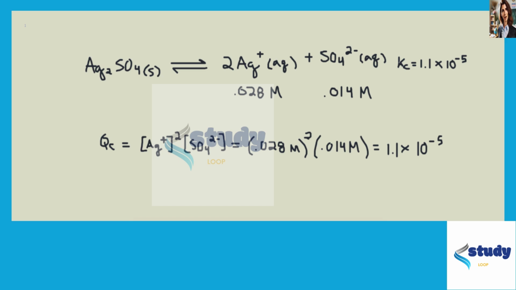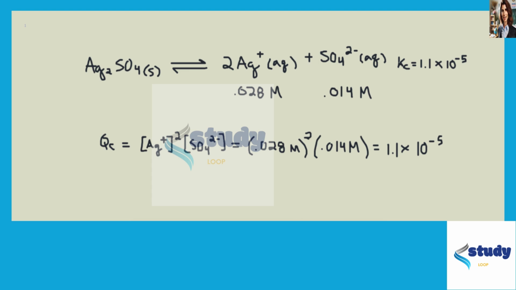We can convert that to moles of silver sulfate by dividing 6.55 by the molar mass of silver sulfate, which is about 311 grams per mole. If you do that, you would find that there are about 0.021 moles of silver sulfate that were dissolved.